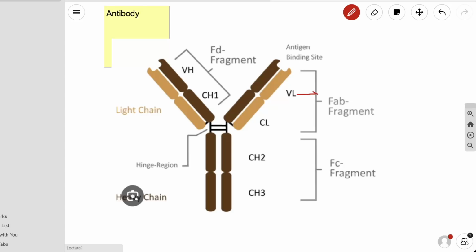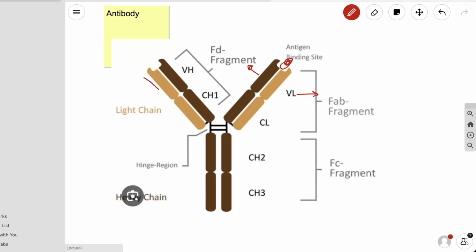The VL is the variable light chain, and this is the variable heavy chain at the opposite side. So this is the antigen binding site, or you call it the paratope. The paratope binds at this location called the epitope.